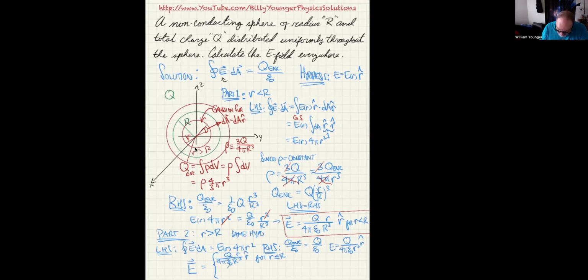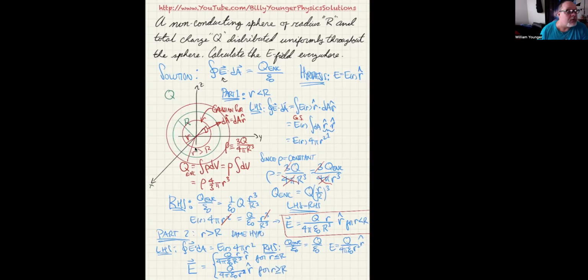And it equals Q over 4 pi epsilon naught r squared r hat for r greater than or equal to big R.